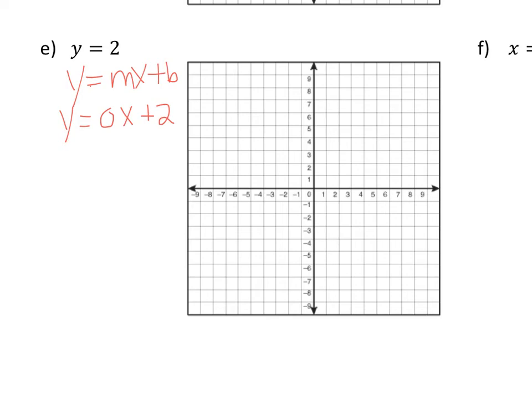So our slope is really 0. Because of that, it creates a horizontal line at the value y equals 2. So you can actually go right up to y equals 2, which is here, and draw a horizontal line. And label it.